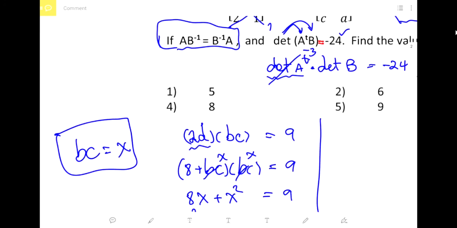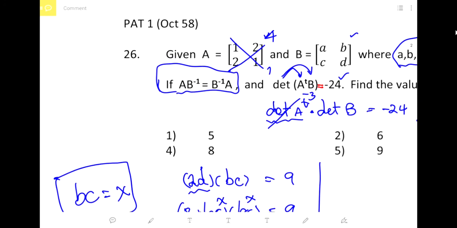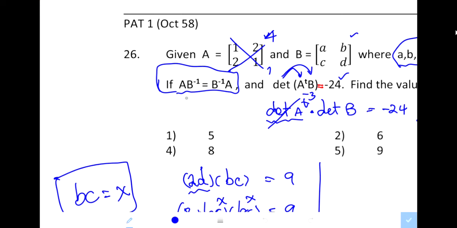Because I know that to find an inverse, if B is like this, with A, B, C, and D, finding the inverse of B is not going to be easy. I'd have to do 1 over the determinant and multiply with the adjoint matrix. I don't want to do that. So what should I do?